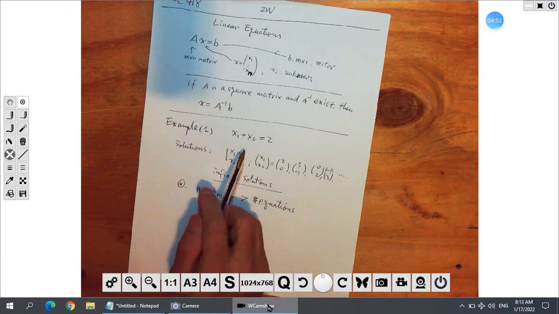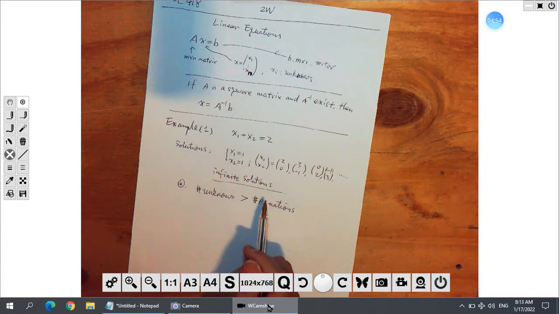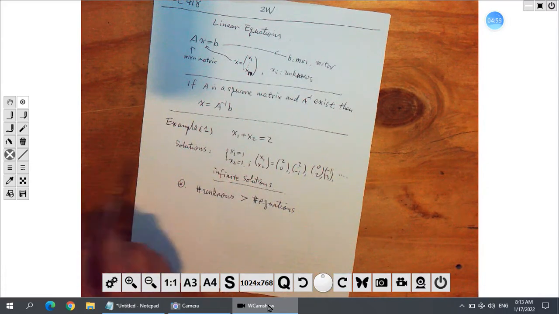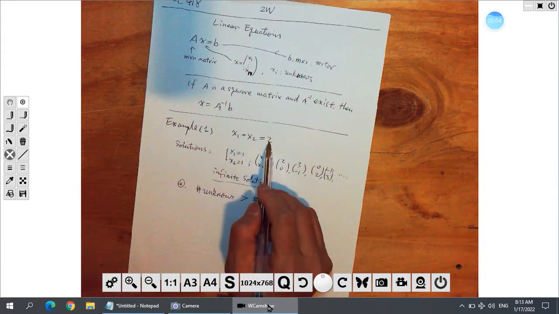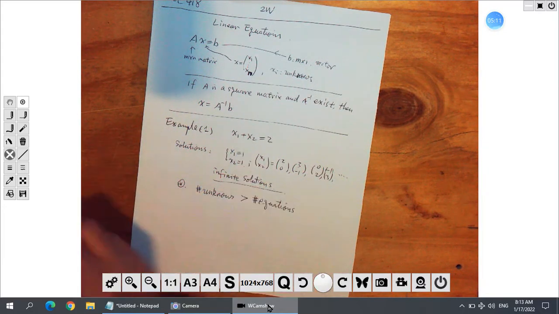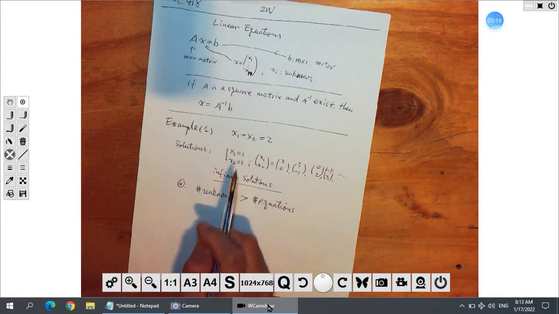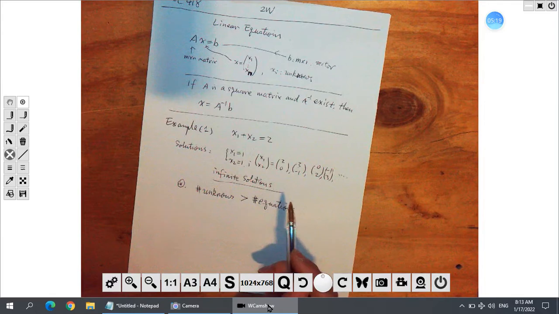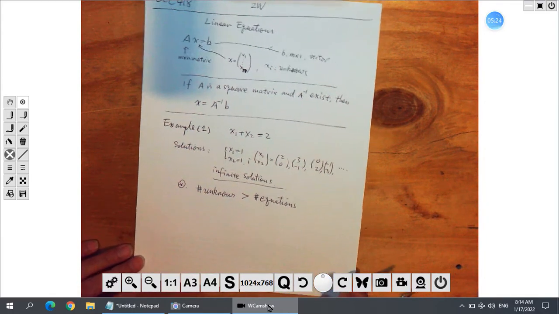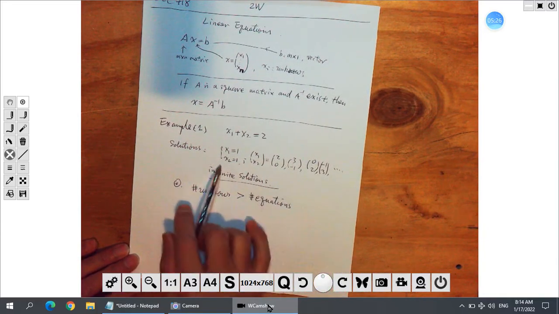But now you only have one, so at least one of the unknowns you can choose to have any value. Then x1 is 2 minus x2, or x2 is 2 minus x1. So you determine one of them, then the other is also determined. But the first one you can pick any value, with no more restriction. If you have more equations, you have more restrictions, and then you have a chance to get a unique solution. Now you have infinite solutions.